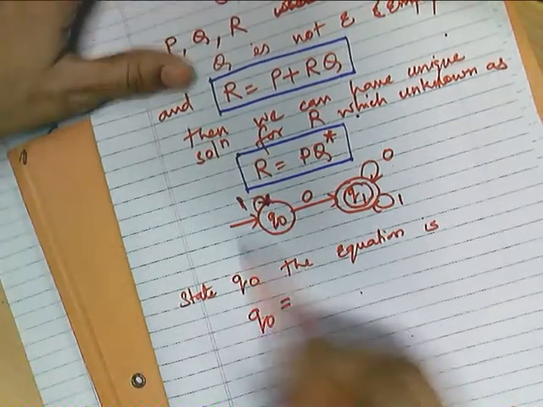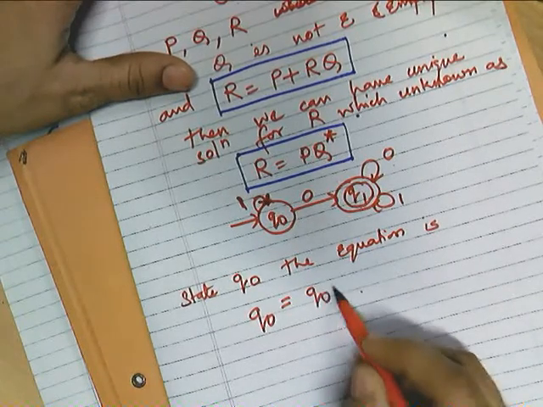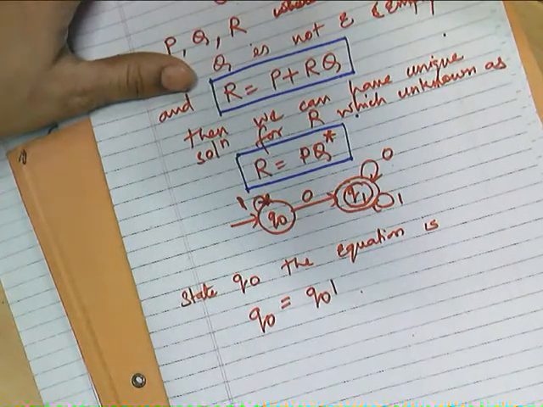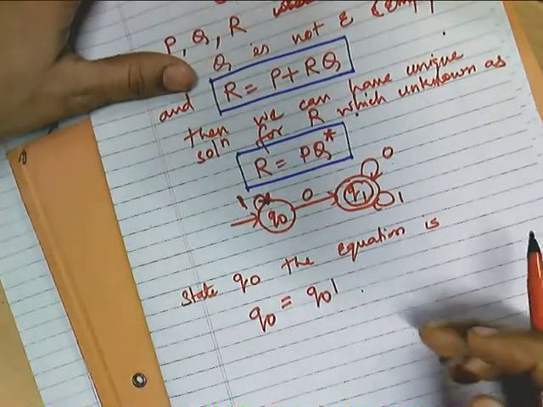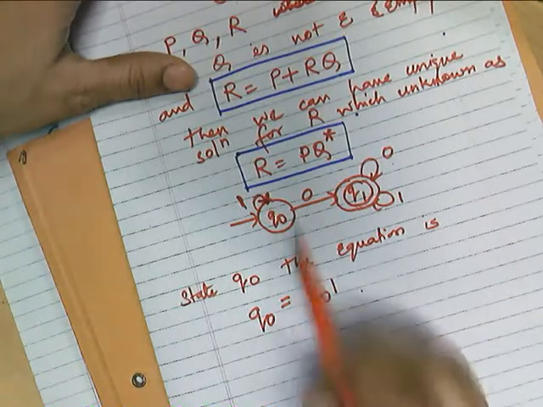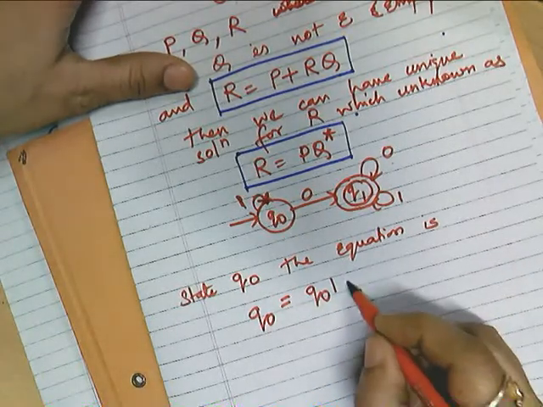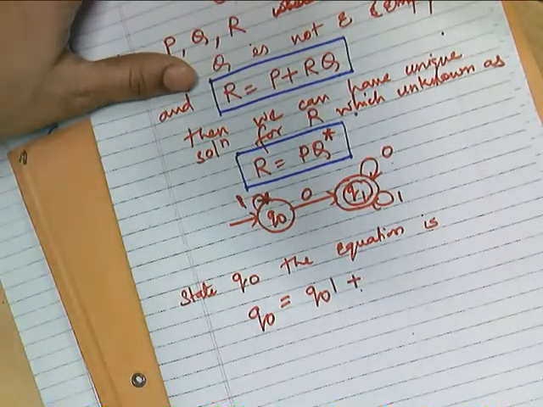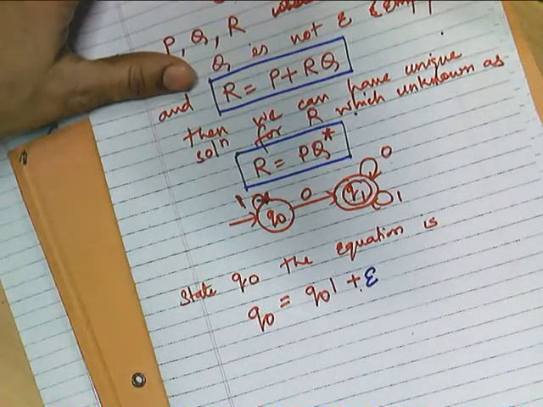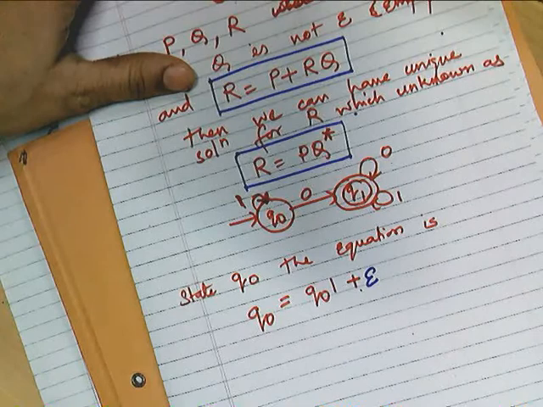So it will be Q0 1. With 1 it is coming to Q0. So this will be the equation. Now second thing, is it an initial state? Yes, if it is an initial state, then we need to add the empty string to this equation. Okay, now observe this particular equation.